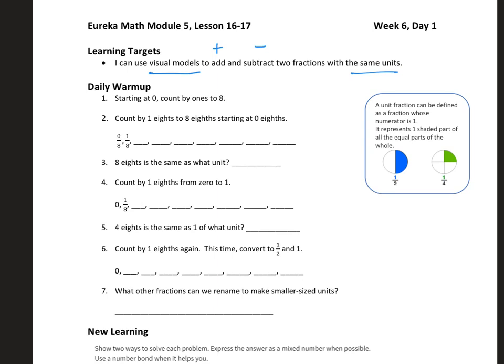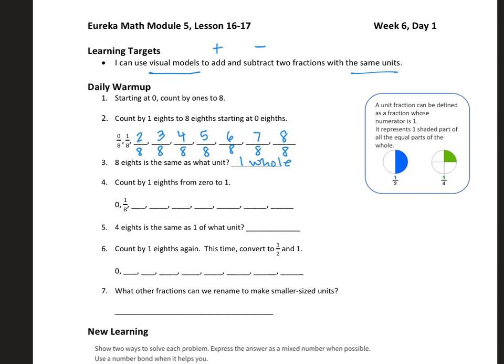So we're going to start at 0/8, 1/8, then I'm going to write 2/8, then 3/8, 4/8, 5/8, 6/8, 7/8, and 8/8. And I know that 8/8 is the same as what unit? It's the same as 1 whole.